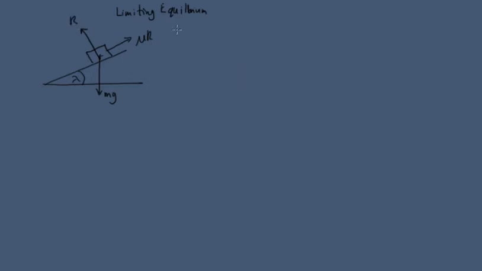Now what we find is in the case of limiting equilibrium, we have our weight down, but the total contact force C acts as an opposing force to the weight, because it's in limiting equilibrium.